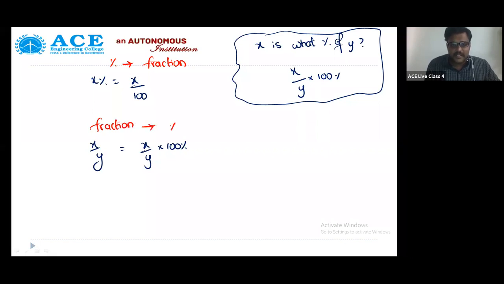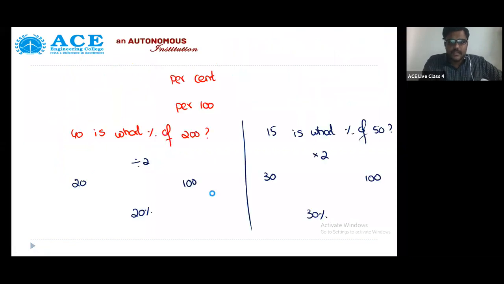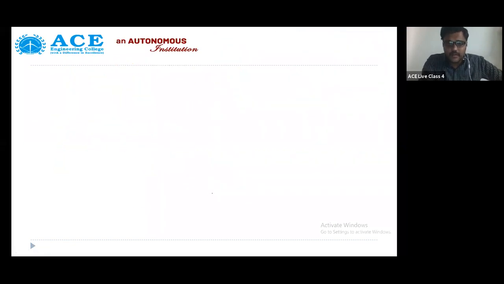This is fraction to percentage conversion. This is percentage to fraction: x percentage is x by 100. If you want to convert a fraction into percentage, you should multiply with 100. Okay, clear? Percentage is out of 100.